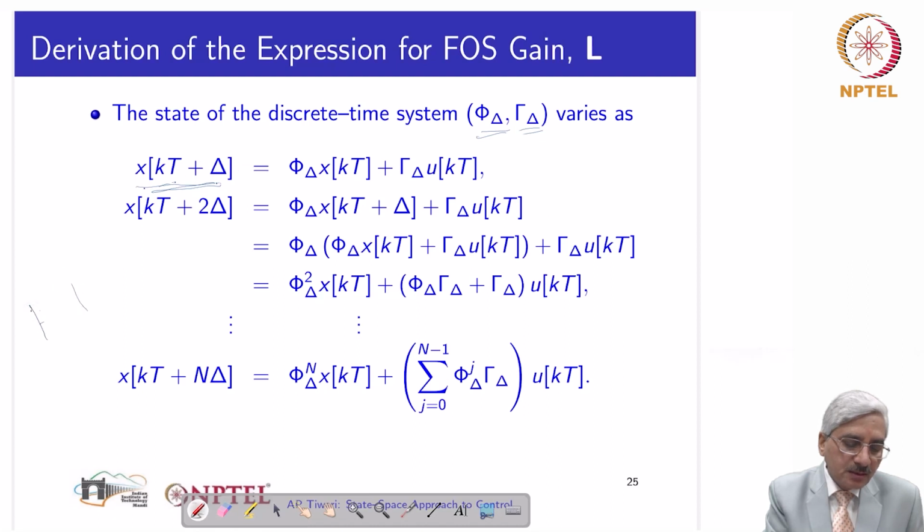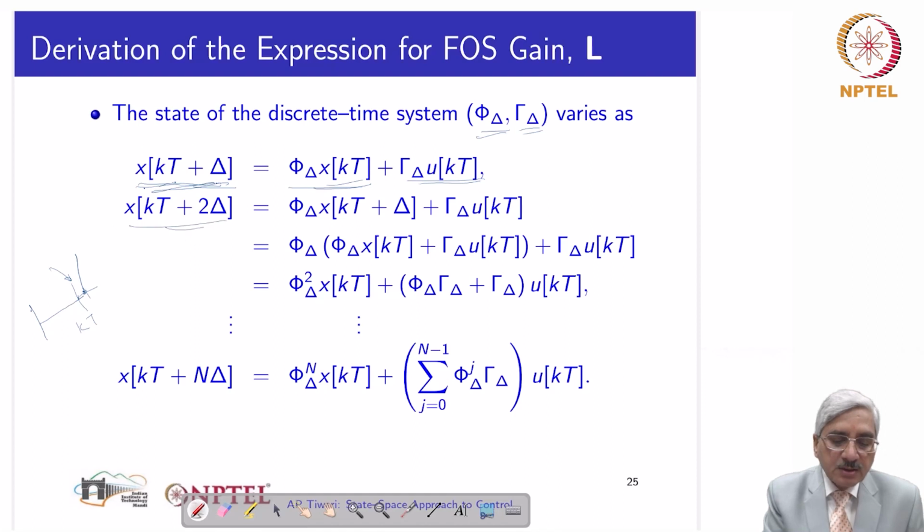So this is kt, and we are considering the value of x at kt plus delta. At that time x is given by phi delta x kt, the value of x here, plus gamma delta u kt, the input which was applied here.